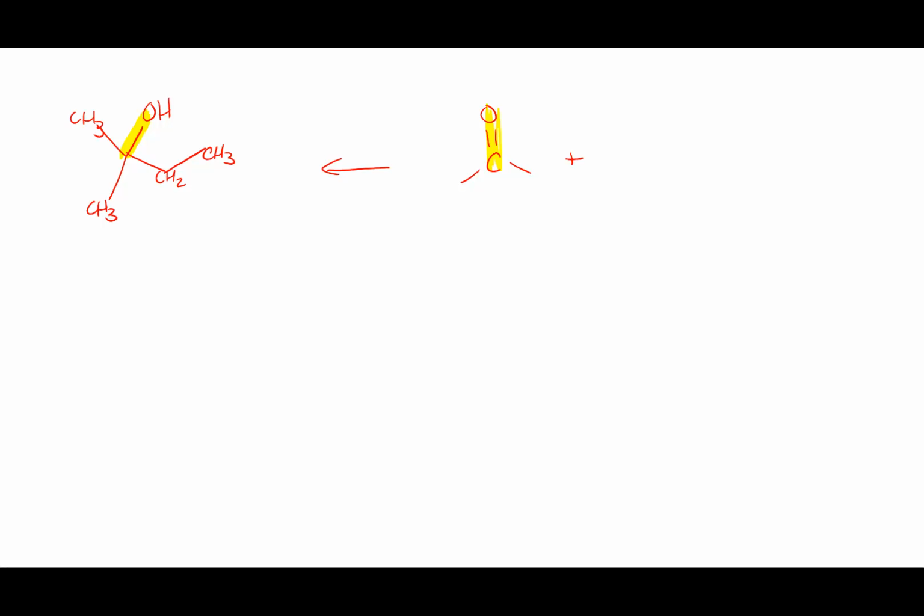So I've got three alkyl groups that I need to worry about. One's going to come from the Grignard, and the other two were already attached to the carbonyl to begin with. So I can say, okay, which two do you want to attach to the carbonyl? Two CH3s, that's a good starting point.